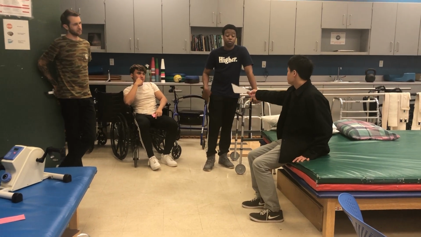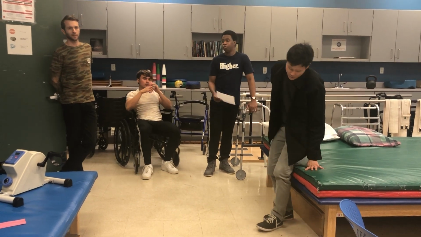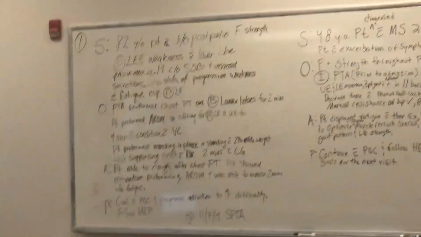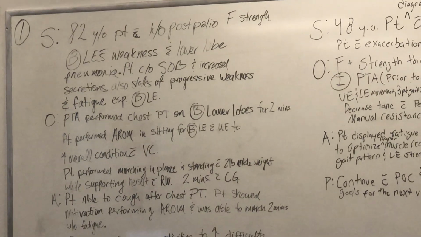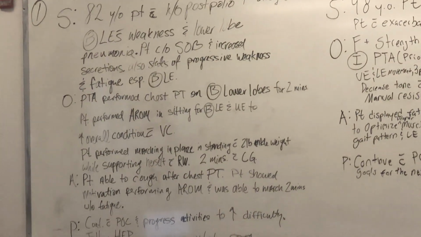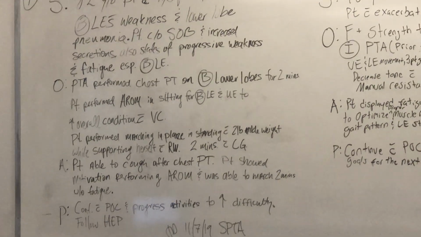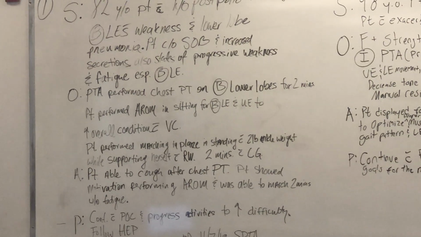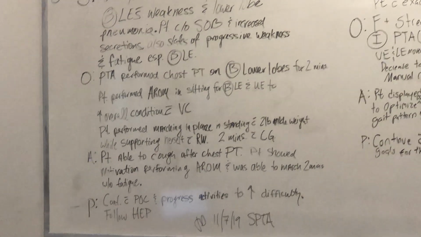It's good. Okay, read your note, please. 82-year-old patient with history of post-polio, fair strength, both lower extremities weakness, and lower lobe pneumonia. Patient complains of shortness of breath, increased secretions, also states, can't move my hand. States progressive weakness and fatigue, especially both lower extremities.